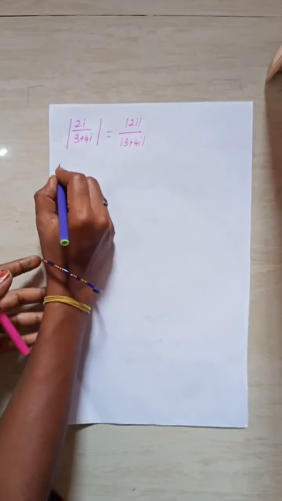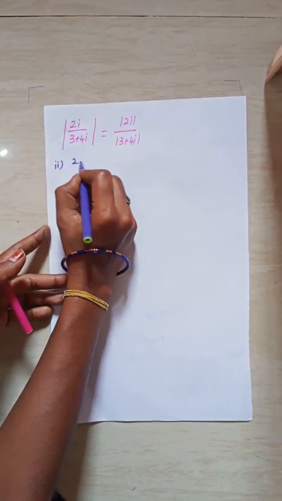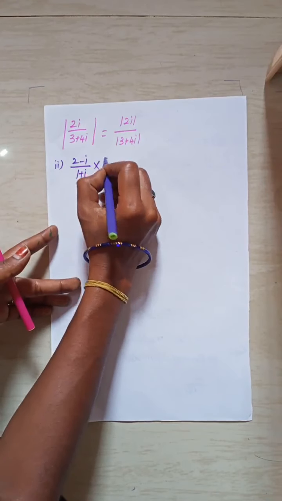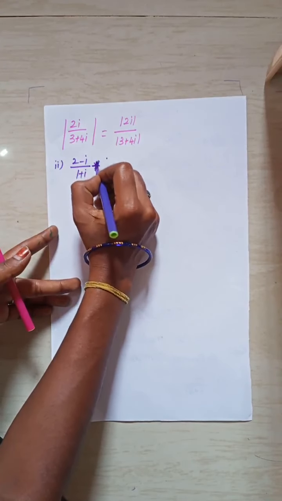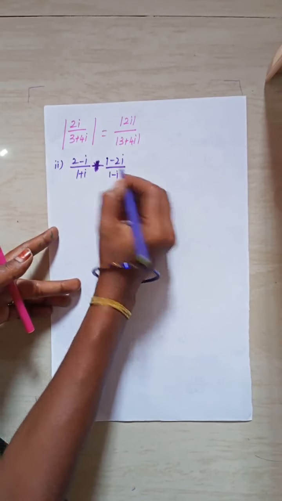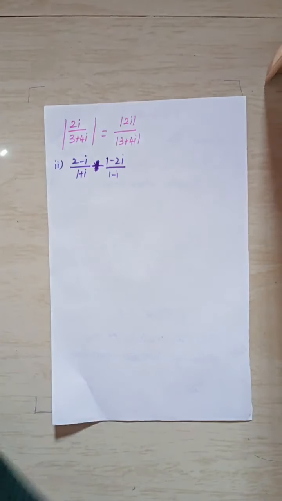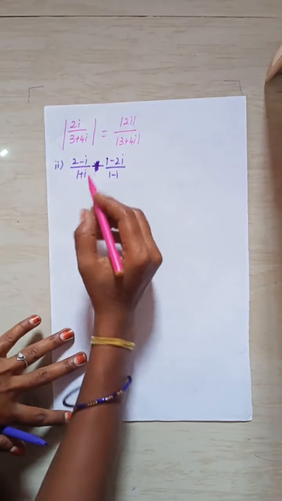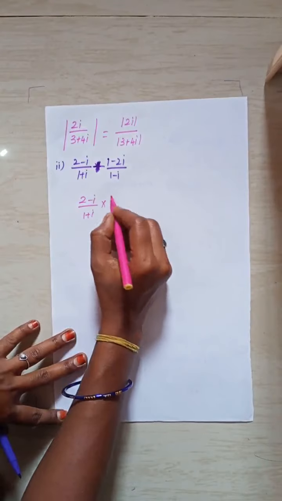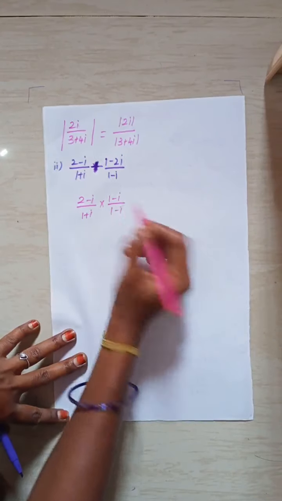See the second sum: 2 minus i divided by 1 plus i, plus 1 minus 2i divided by 1 minus i. First find the conjugate of these terms. 2 minus i divided by 1 plus i, times 1 minus i by 1 minus i.